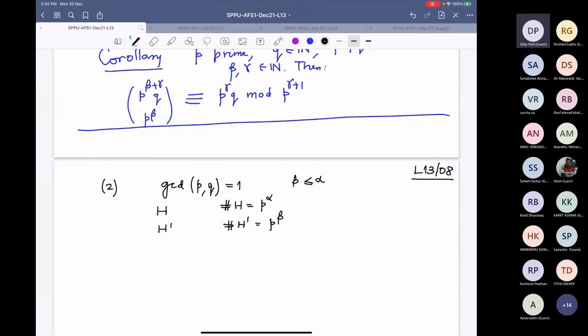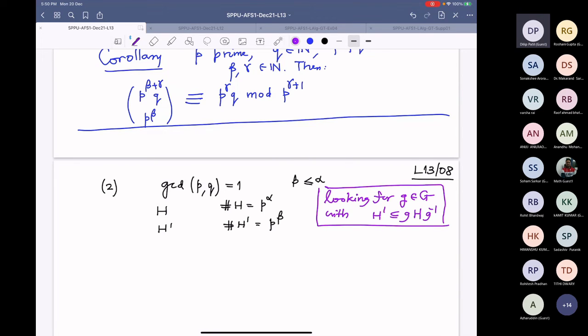And what are you looking for? Write down there. Looking for an element g in G with H prime contained in g H g inverse. This is what we are looking for. So you want to get hold of g.